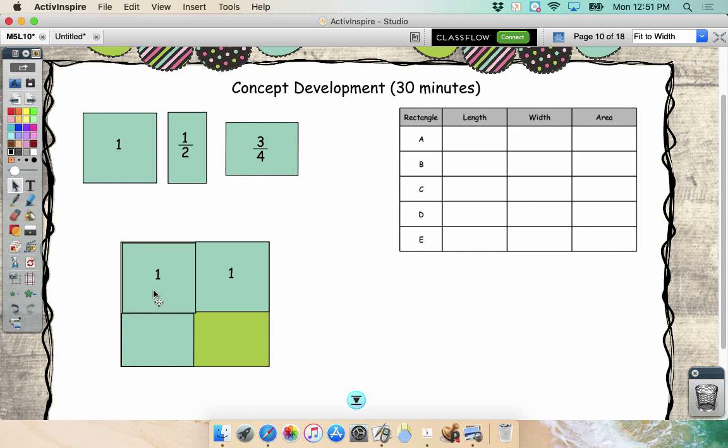Now, in a perfect world, that 3/4 would have gone with it. So I don't know what I did wrong when I made this, but you can remember this as 3/4, can't you? What if I do that? Will that help? Okay. So what do I have here? 2 units by 1 by 1 3/4 units. So let's put that on our chart.